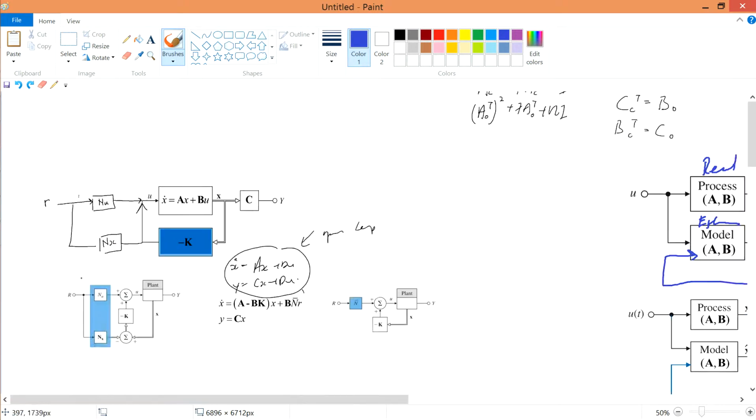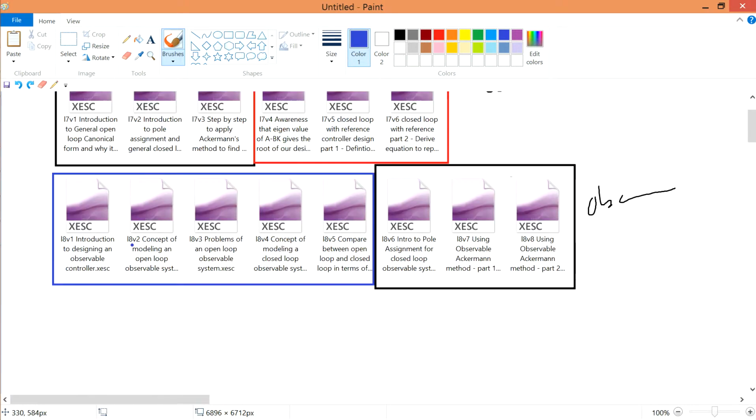These explanations are all talked about in this section. In order to find L, you will need Ackermann's method, because your L depends on how you want to shift your pole assignment.